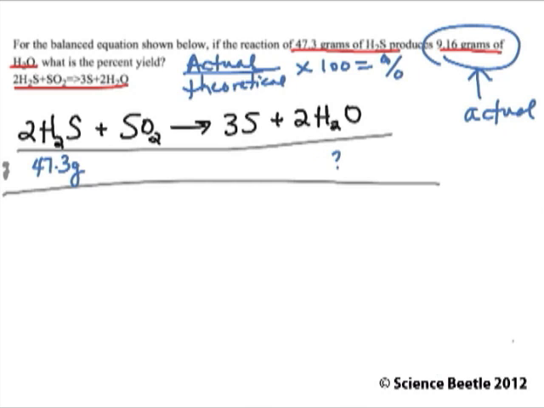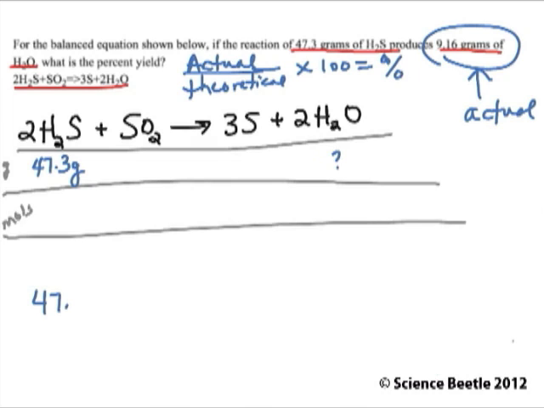Recall, if we use the short method here, I need to convert my grams of H2S to moles of H2S. Even if I use the short method, for every problem I still need to do this in order to figure out how many moles I have. So I do that here in the next section.